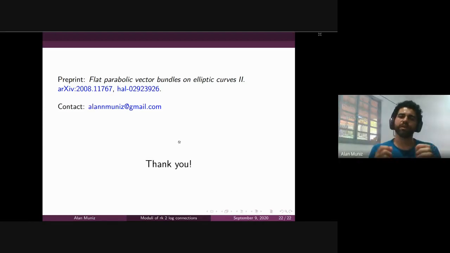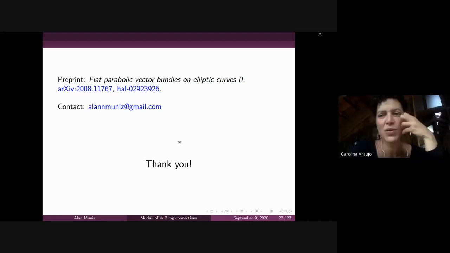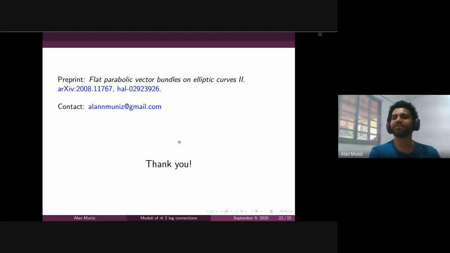We have four components that correspond to torsion line bundles on the curve, and for each component we have one connection for one Higgs field, and the space of Higgs fields has dimension n plus 1. So that's just a bit of hand waving in the dimension count. But it's a small set anyway. Yeah, it's very small. Okay.